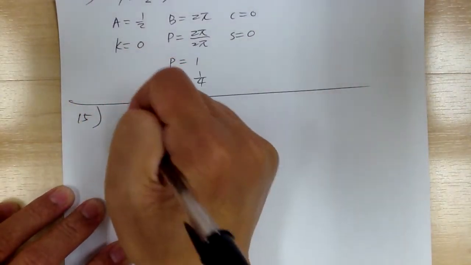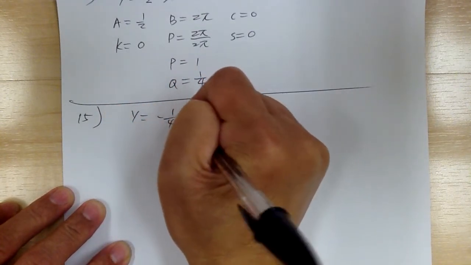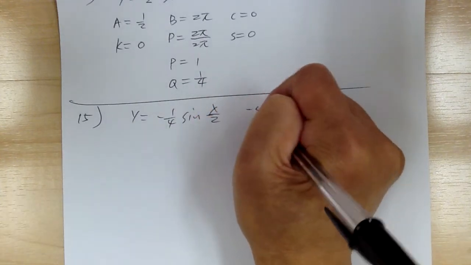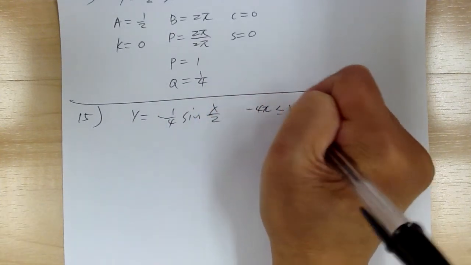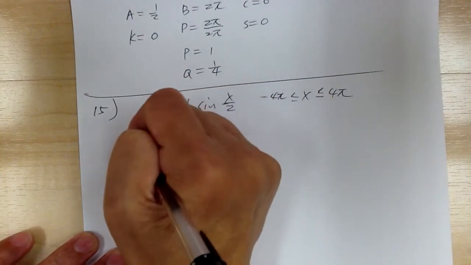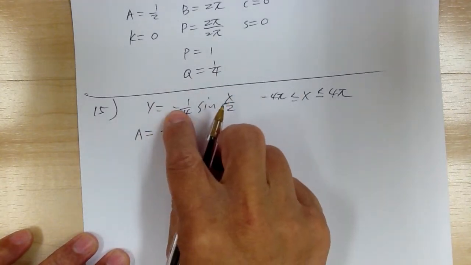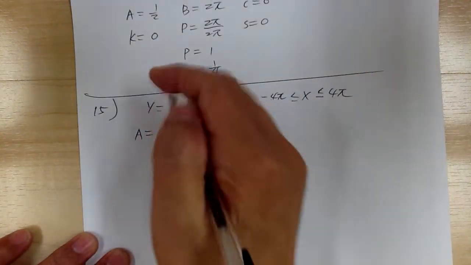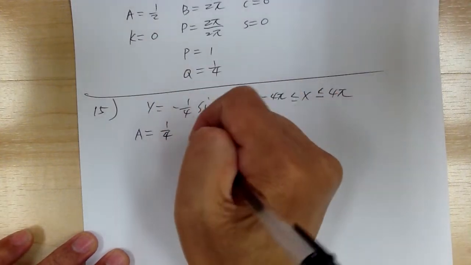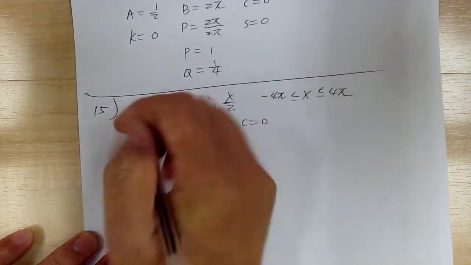Number 15, you got y equal to negative 1 over 4 sine of x over 2, and you want to go from negative 4 pi to 4 pi. So a equal to 1 over 4. Now remember, that's a negative, but amplitude is absolute value. Okay, so it's positive, right? So a equal to 1/4, b equal to 1 over 2, c equal to 0.